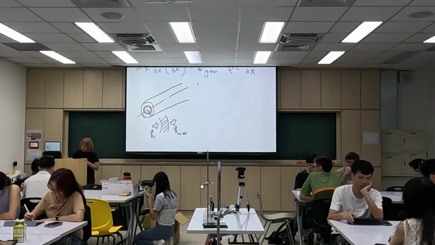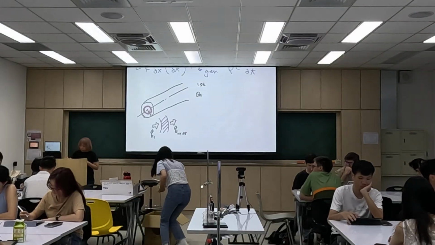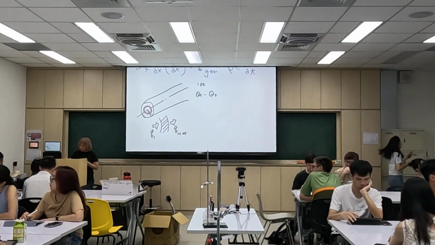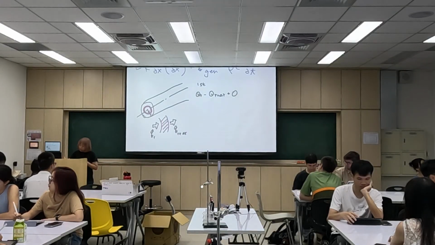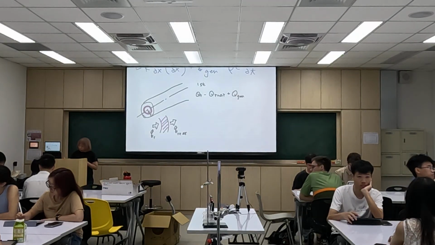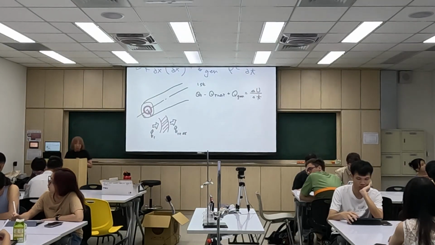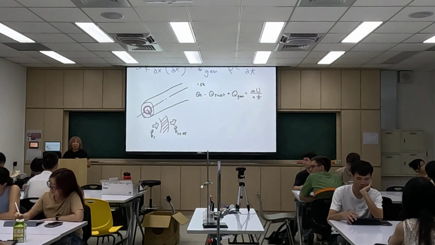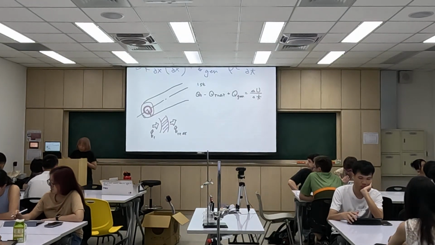So we take the first law again, then Qr minus Qr plus delta r plus the heat generated will equal to how the system internal energy changes along the time. Okay, this is the same one.